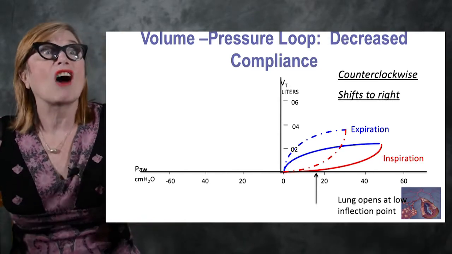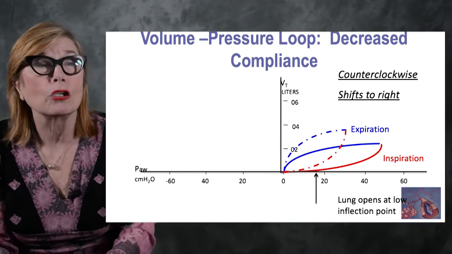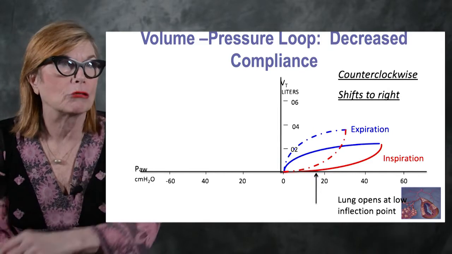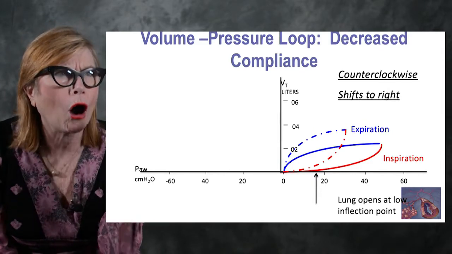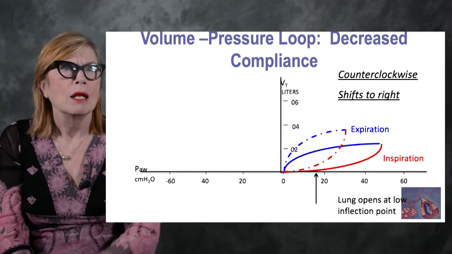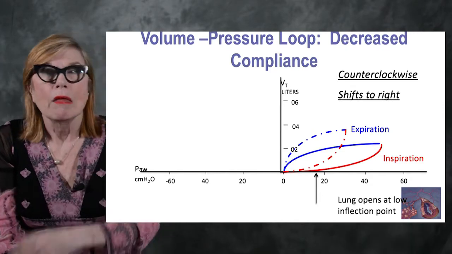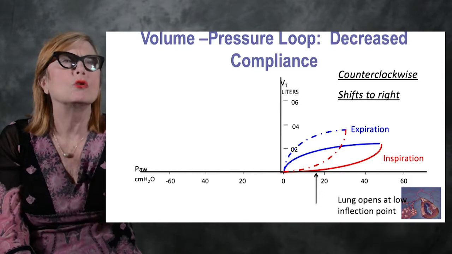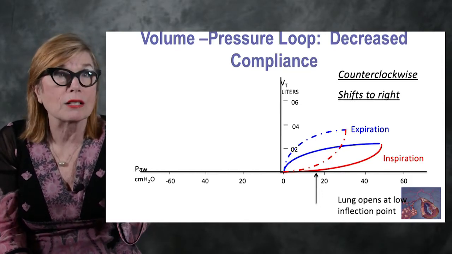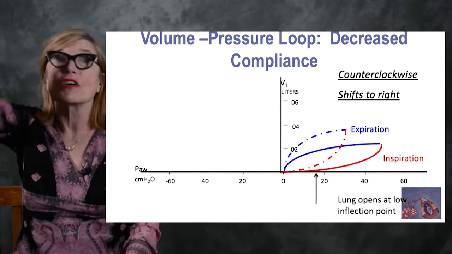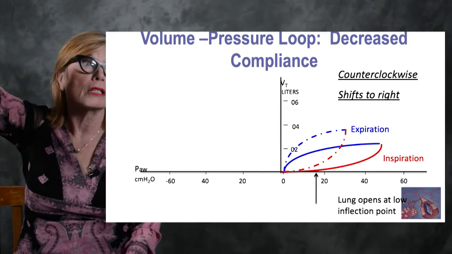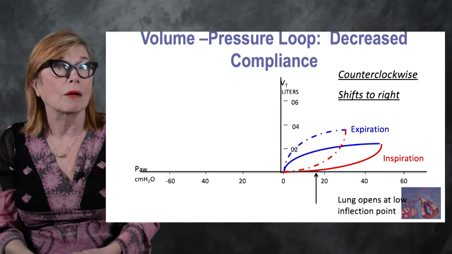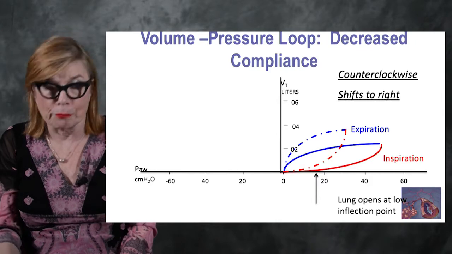But by the time volume is moving into the lung, you were already at a pressure of 20 or 18. That means the lung doesn't open until you have gotten to that pressure. Once you got to the pressure, you lift it off of the horizontal to actually deliver the breath into the lung. This is a non-compliant lung.